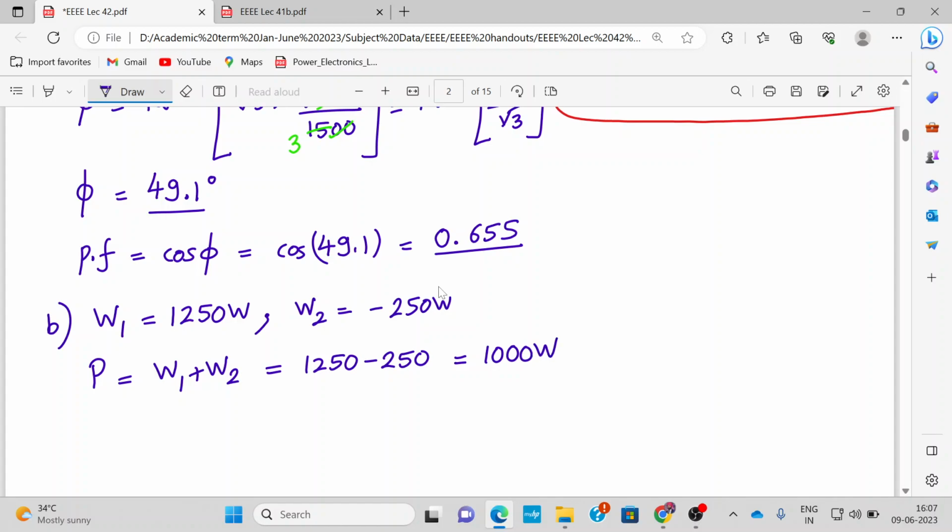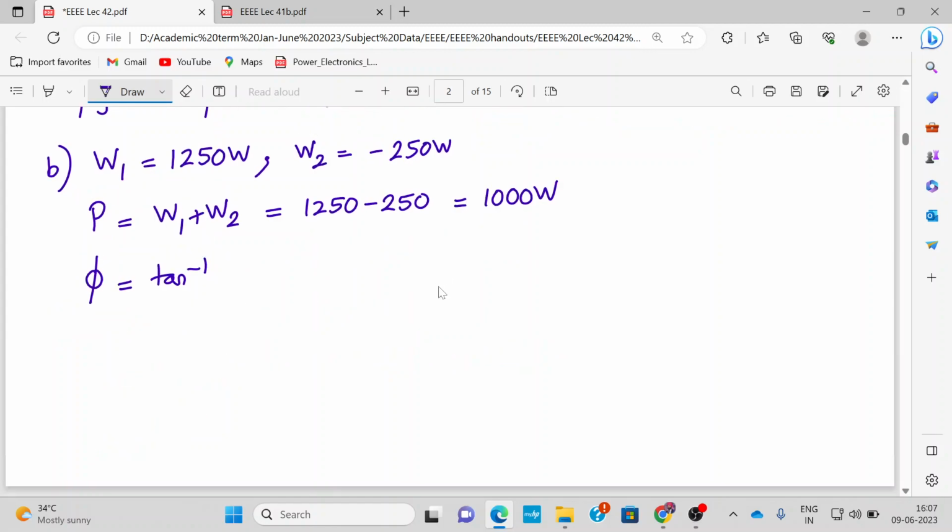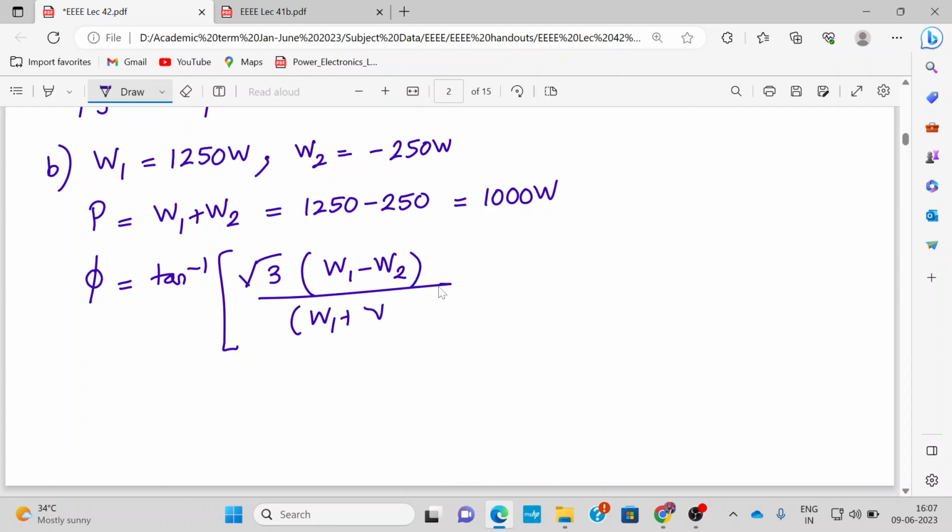Next we have to find phi, which is tan inverse of root 3 times (W1 minus W2) divided by (W1 plus W2).